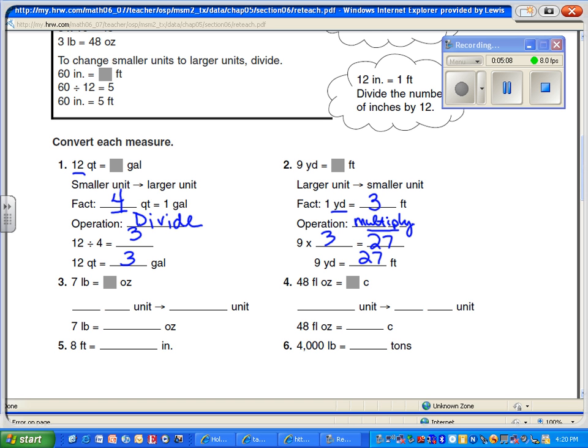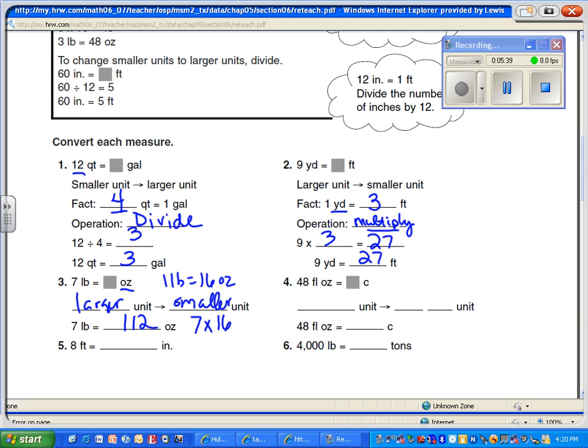So 7 pounds to ounces. Now what I do know is I'm going from a larger unit in pounds to a smaller unit in ounces. And I know that 1 pound is equal to 16 ounces. So I'm going to do 7 times 16, and that gives me 112 ounces.